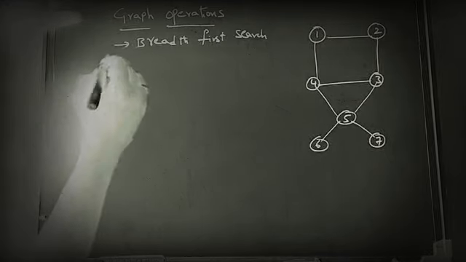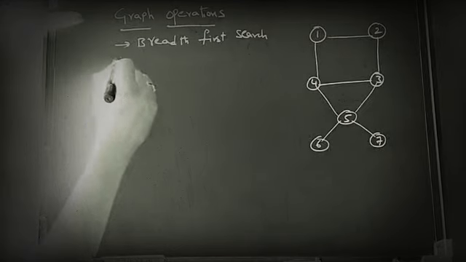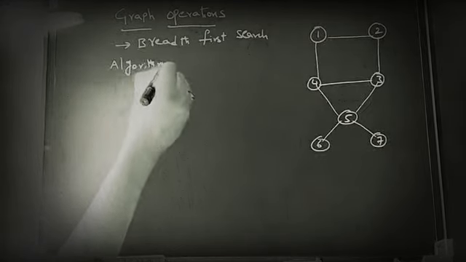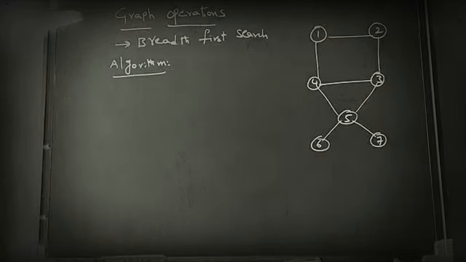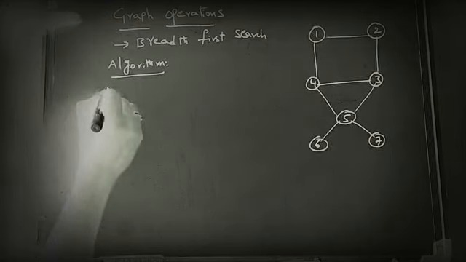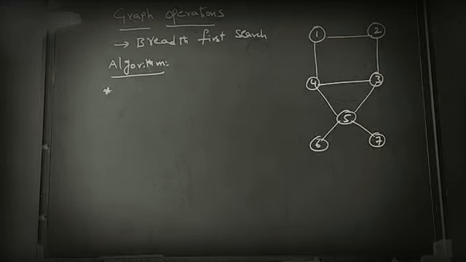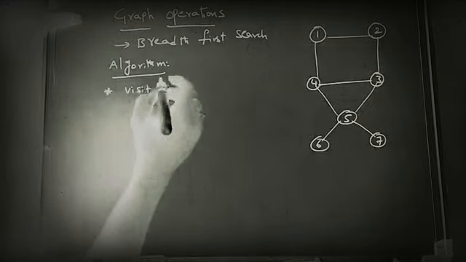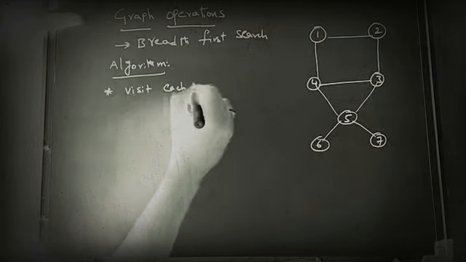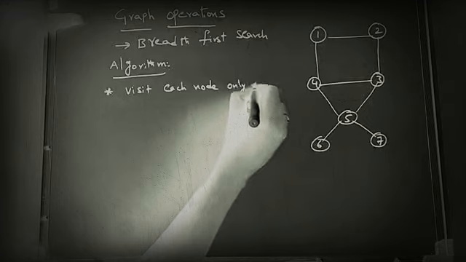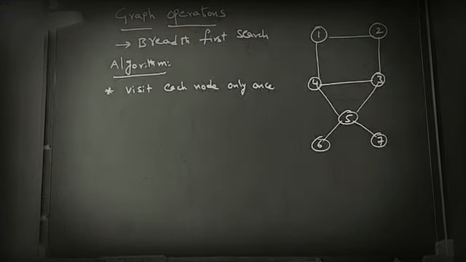First, the algorithm or procedure needed for breadth first search. The first step, as per the procedure: visit each node only once, exactly once.